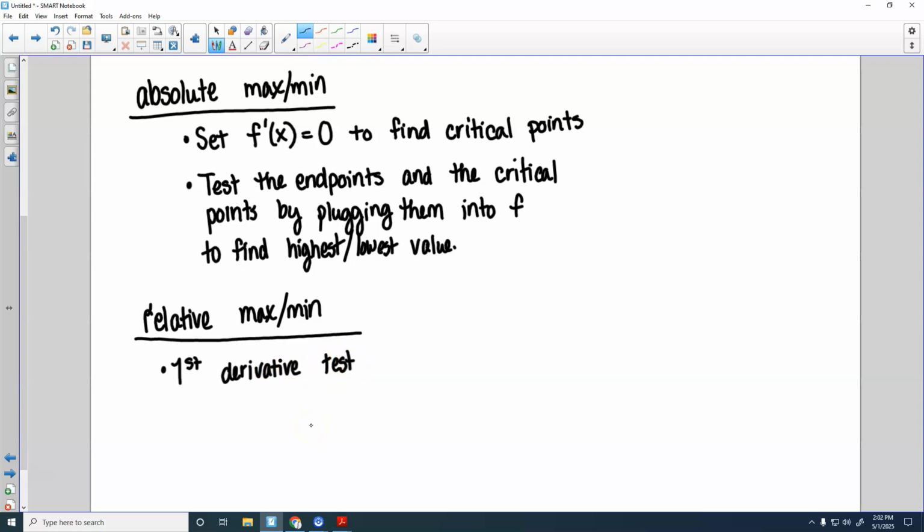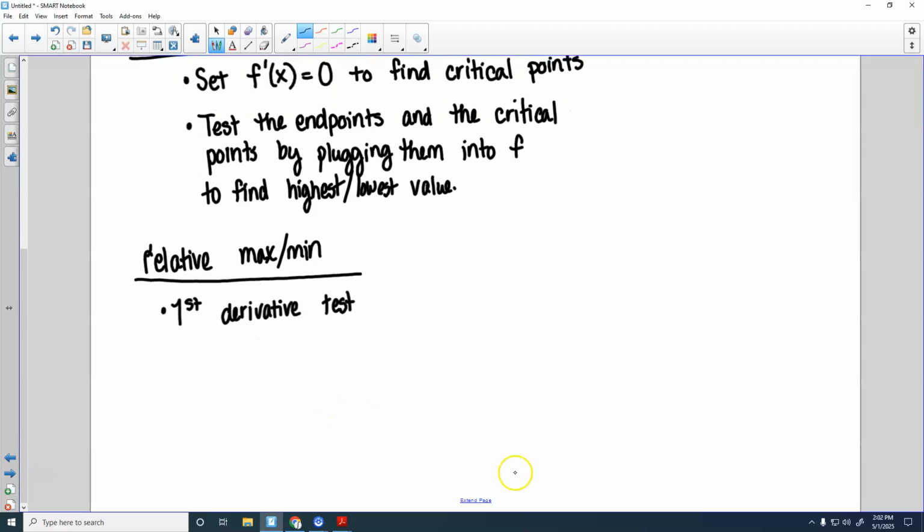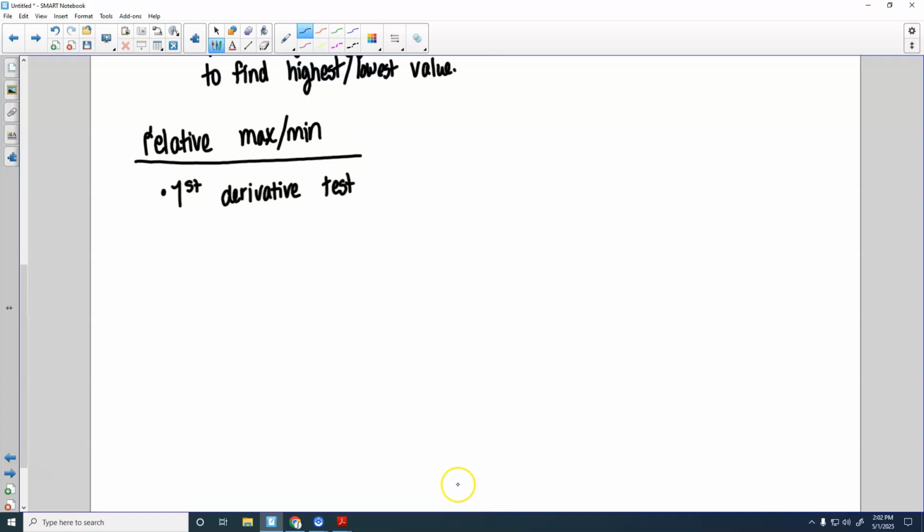We usually use the first derivative test when we're doing these problems, although there are some where you have to use the second derivative test. For the first derivative test, if you have a relative maximum or relative minimum, what happens with the first derivative? It changes signs.